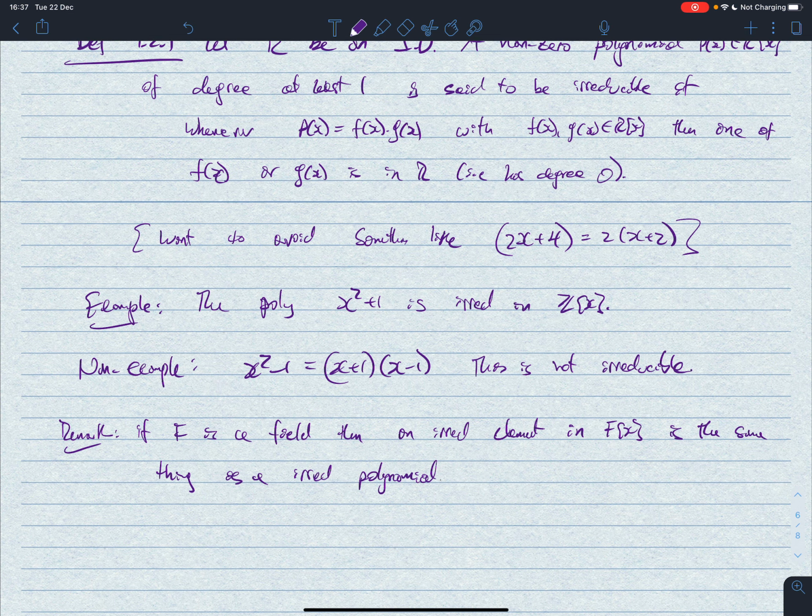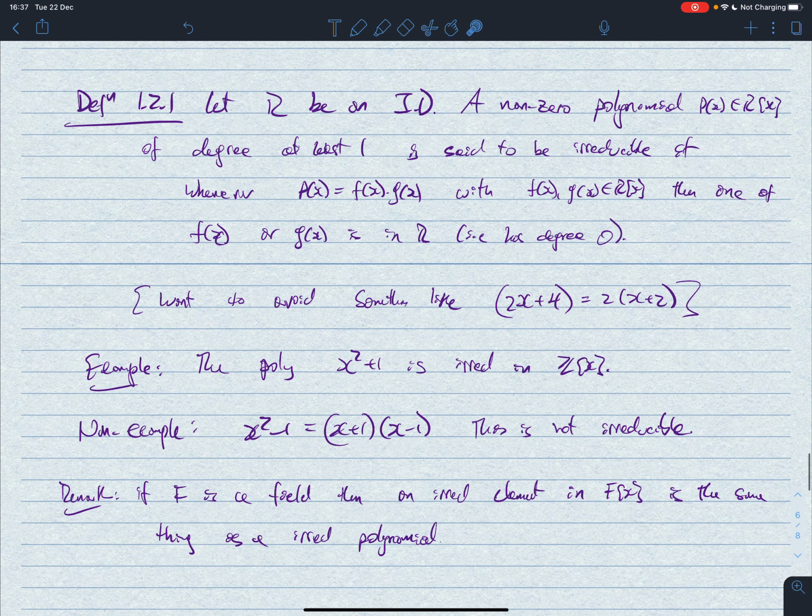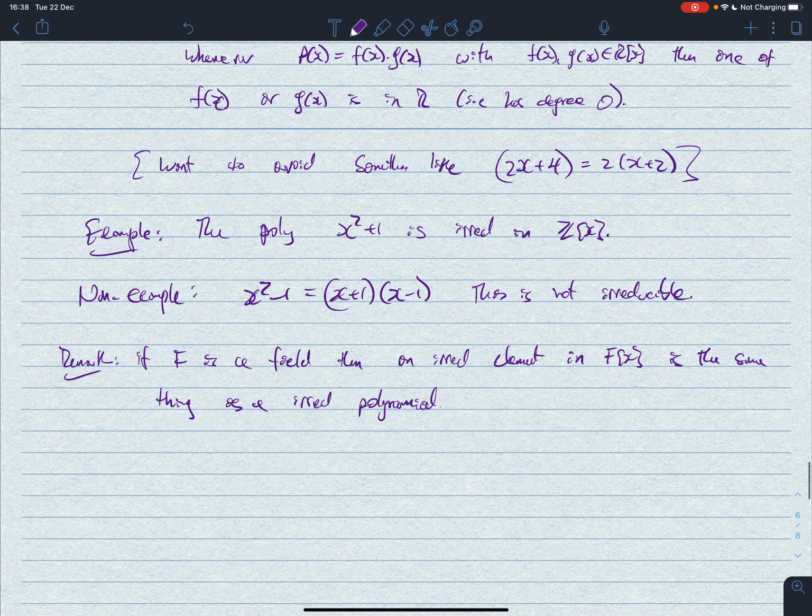So the distinction that I'm trying to make between my two definitions only applies when F is a ring, not if it's a field. If it's more than a ring, if it's a field, then they coincide. But for rings, you somehow have to be just a little bit more careful.